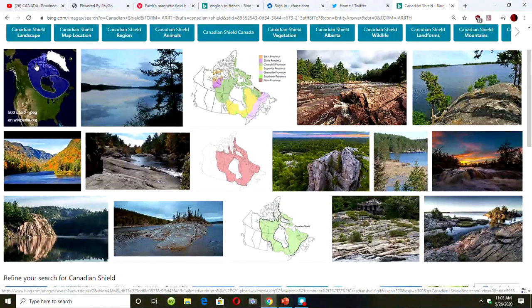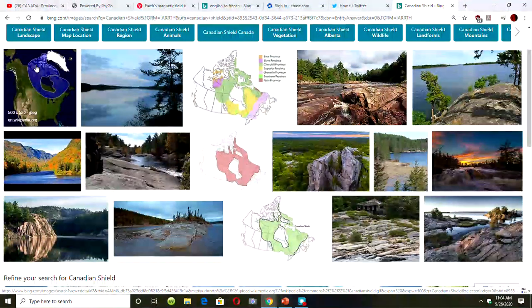In the Pleistocene, or the last ice age, the ice pushed a lot of till, a lot of soil, all the way down into the upper Midwest a little bit. You can see that crossing over here, but it's mainly in Canada. Think of the last ice age. It's nothing but glacier, and that's what the Canadian Shield is.